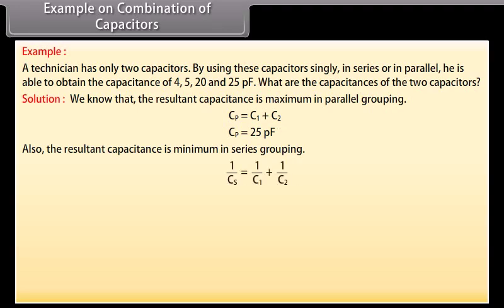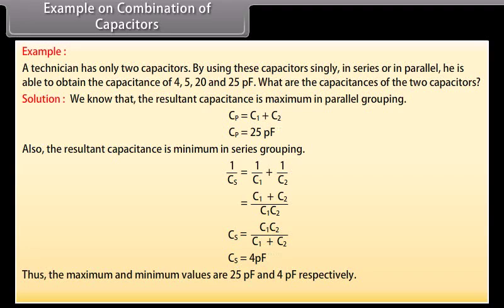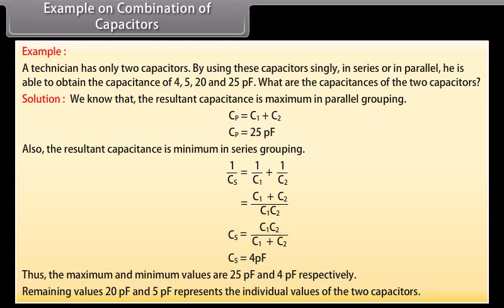Reciprocal of Cs is equal to 1 upon C1 plus 1 upon C2, or Cs is equal to 4 picofarad. Thus, the maximum and minimum values are 25 picofarad and 4 picofarad respectively. The remaining values, 20 picofarad and 5 picofarad, represent the individual values of the two capacitors.